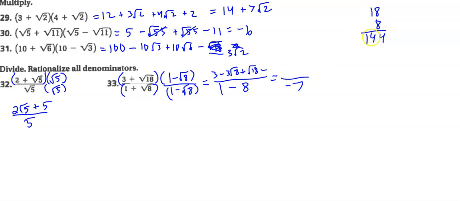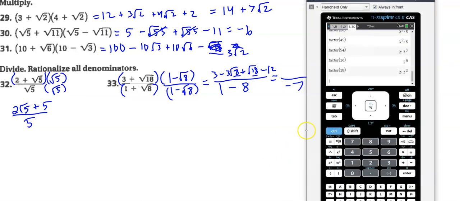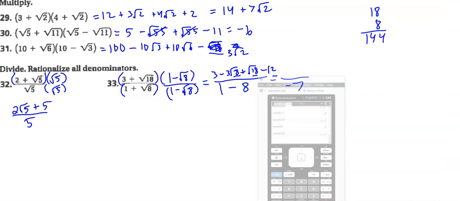Minus square root of 144, which is 12. Okay, I see these two. These might simplify, so let's get our calculator out again. You have to use that factor command. Factor menu 3,2 of 8, menu 3,2 of 18. We just did that actually, I think. So you get 2 to the third and 3 squared times 2.